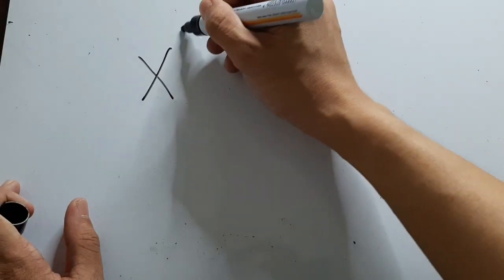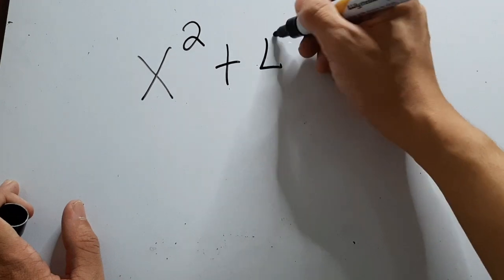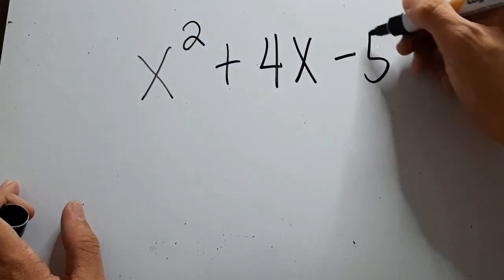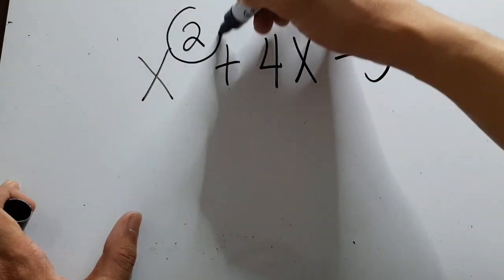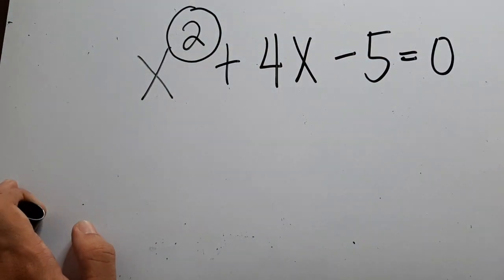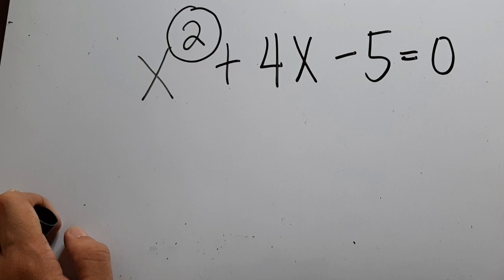Example, we have x squared plus 4x minus 5 is equal to 0. Since ang kanyang highest exponent is 2, malalaman natin na ito ay agad na quadratic equation.